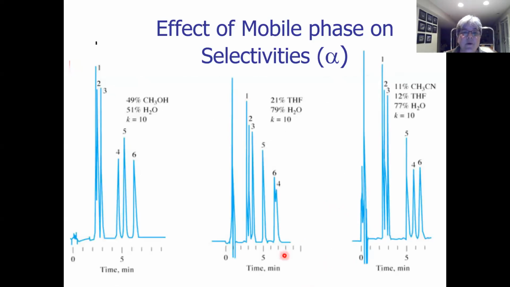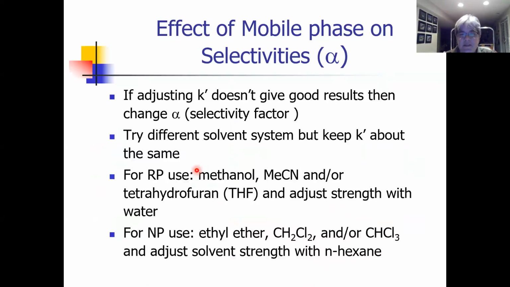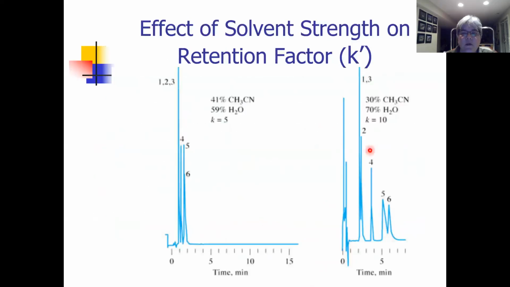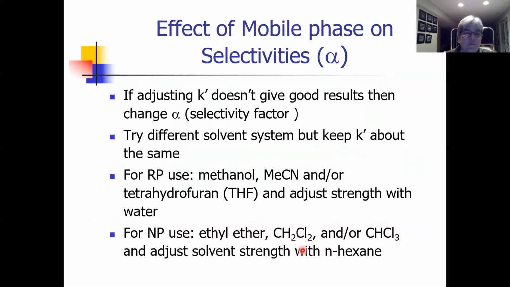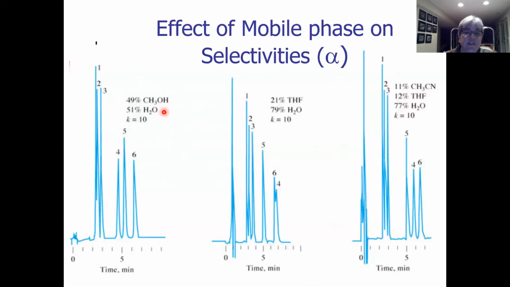So here's an example of that. Remember we were using water and acetonitrile up here, and we didn't get good separation. So they changed to water and methanol. Okay, still K of 10, and notice now this is quite nice, this not so good. So they changed to water and THF, and now not so great.